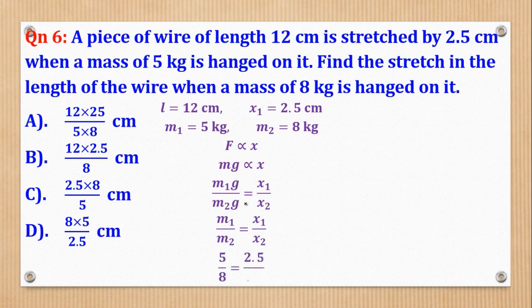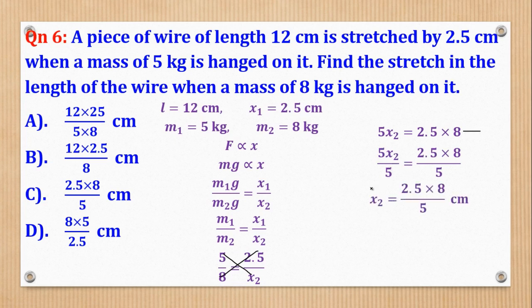Then I substitute what I know: m1 is 5, m2 is 8, x1 is 2.5, x2 is what I want. My work is to make x2 the subject. The first step is cross multiplying, and the next is to divide both sides by 5 to make x2 the subject.